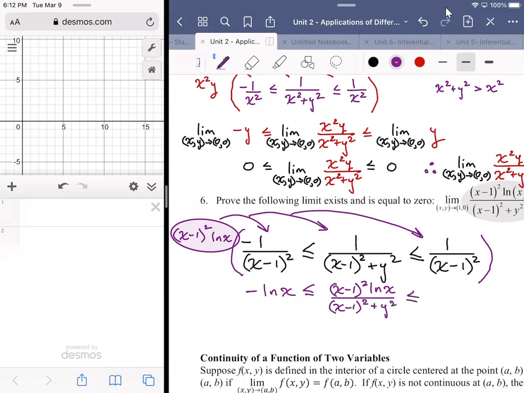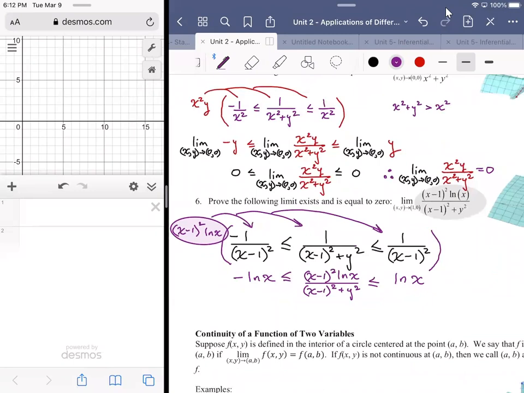And that in turn would be less than or equal to just a plain old ln of x. And so what I would then do is apply the limit as (x, y) is approaching (1, 0). That's applying to each part.